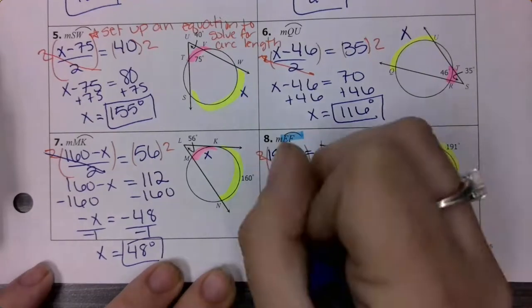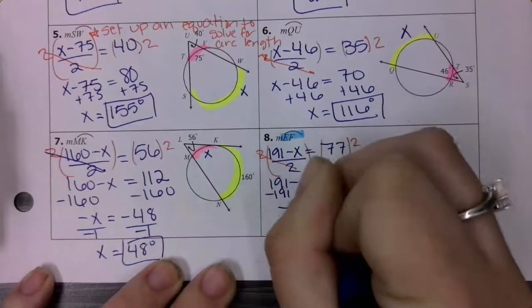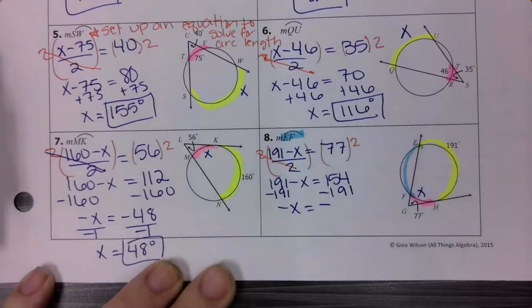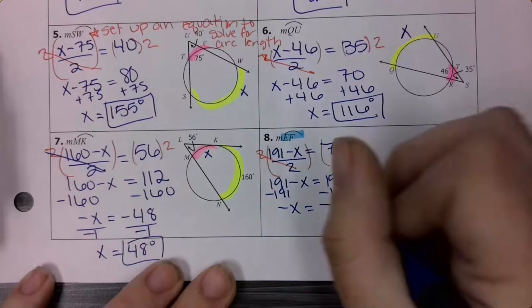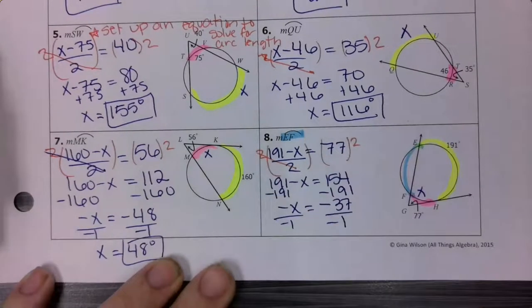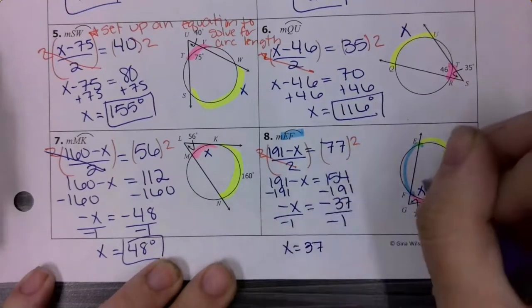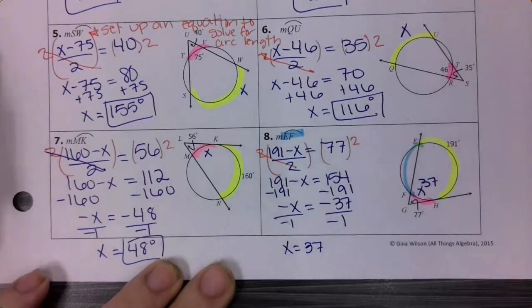Okay. Then I want to subtract 191 from both sides. I get negative x equals negative, what's 154 minus 191? Negative 37. I divide both sides by negative 1, which gets me x equals 37. So that's not my final answer.